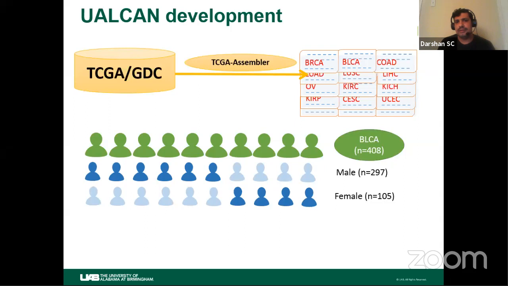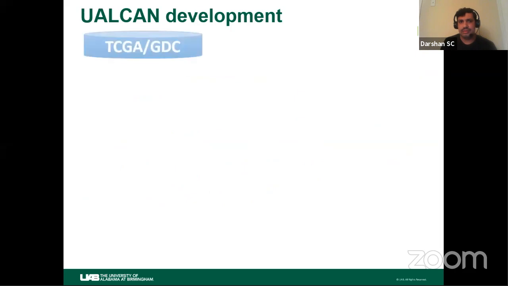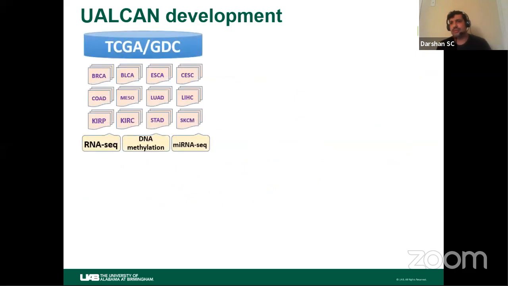So after collecting data, we segregated the data, and eventually we ended up with a host of files for 33 cancer types, corresponding to RNA-seq, microRNA sequencing, and DNA methylation data.